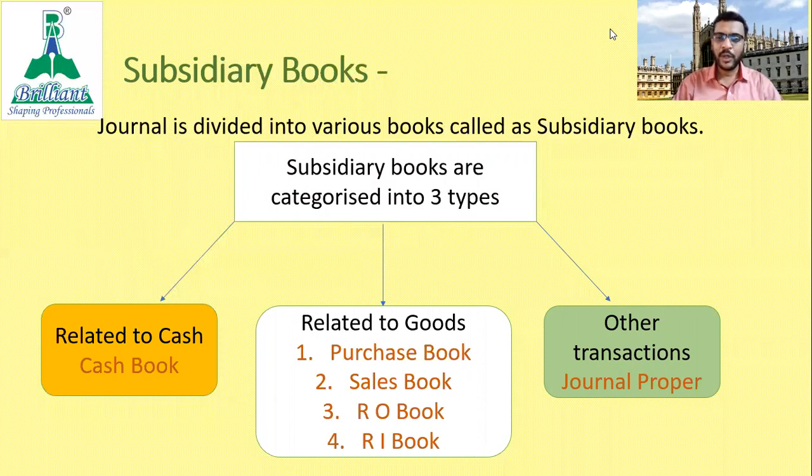Other transactions are recorded in the journal proper. So we can see there are a total of 6 subsidiary books. 2 more books are there, but they are rarely used, so that's why I have not mentioned them: bills receivable book and bills payable book. Bills transactions are outdated, so I have excluded them.